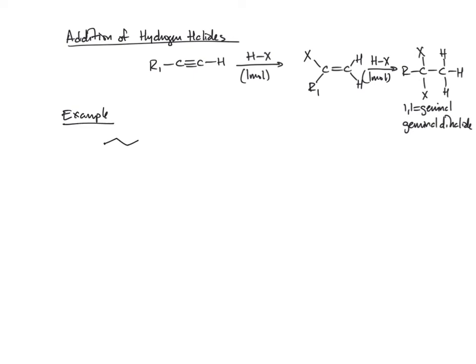So let's go ahead and look at a specific example of this. So say we're starting with 1-pentyne. And I'm using the terminal alkyne because it shows the chemistry in the Markovnikov's rule. So if we were going to add HCl, so 1 equivalent of HCl, we have the nucleophilic pi bond abstracting a hydrogen of the HCl.